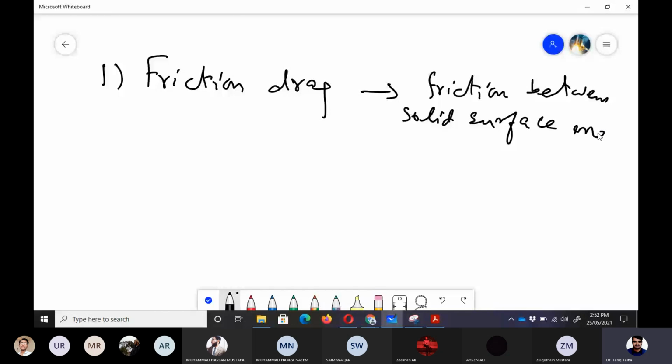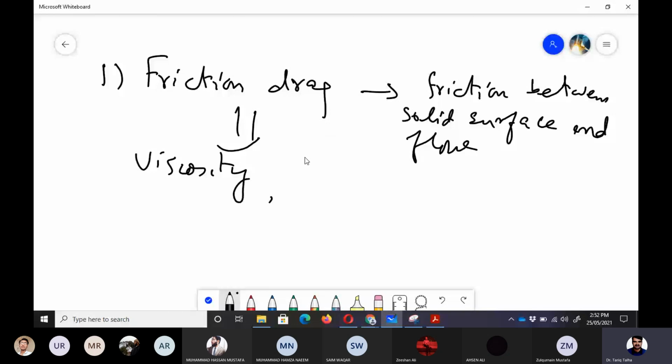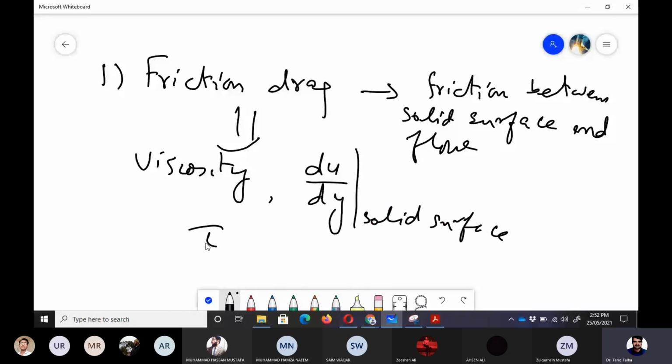and it depends upon the viscosity of the fluid as well as the du over dy at the solid surface, because we all know that wall shear stress is mu into du over dy.